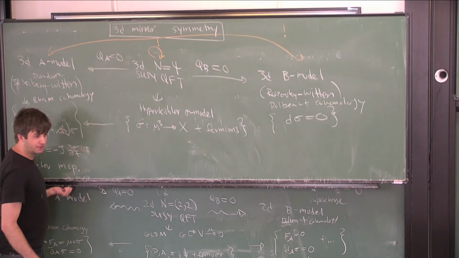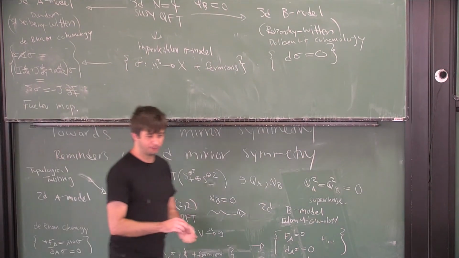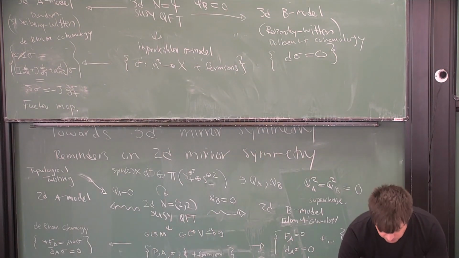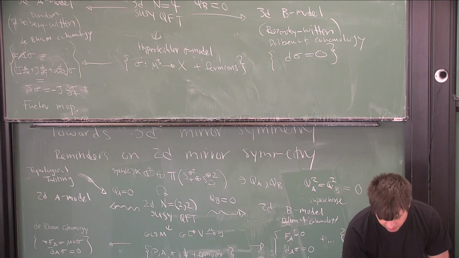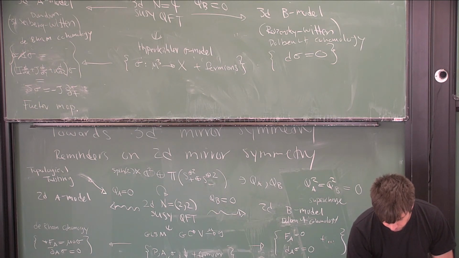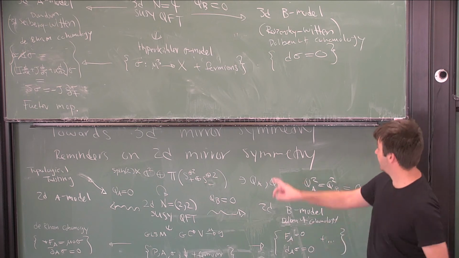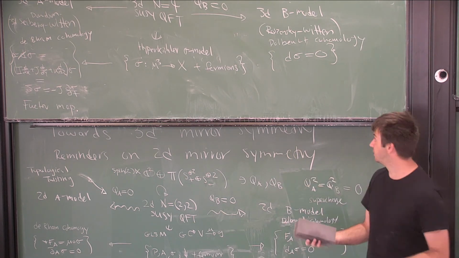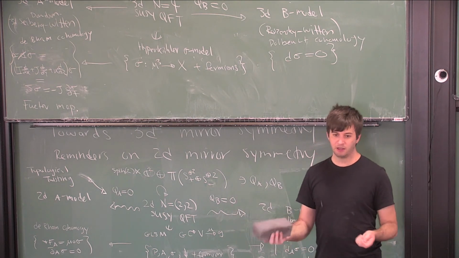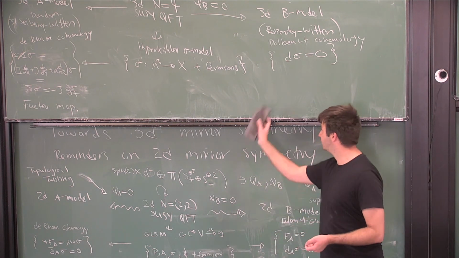Okay, so let's see. How much more time do I have? 10 minutes. Okay, that should be enough. So what I'm going to do now is try to more carefully tell you what the equations are for the 3D A model and B model, since we'll be using them in a lot of detail. I don't think that this was really sufficient.